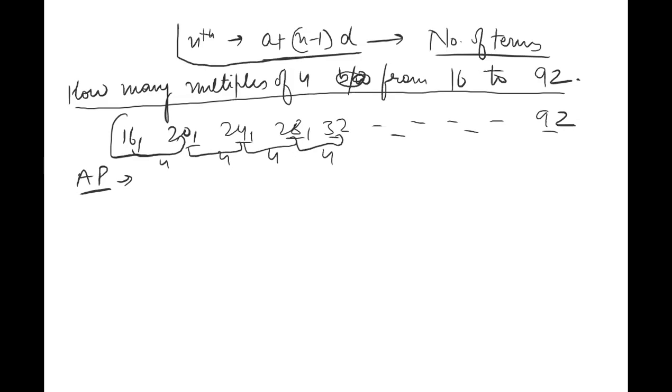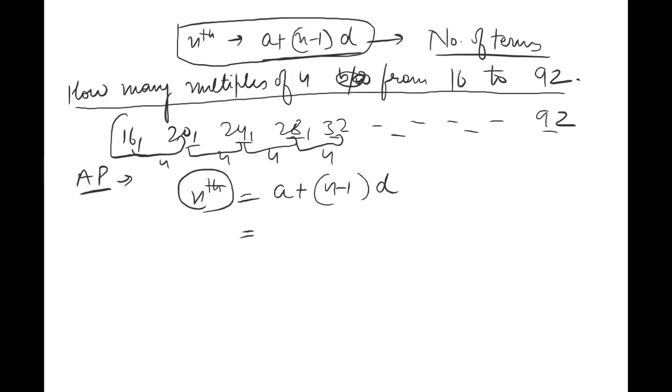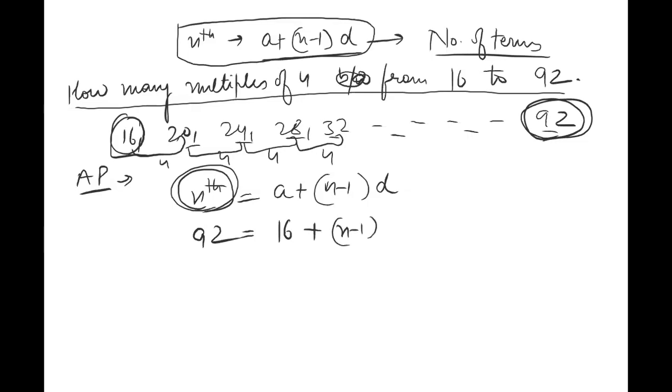So we'll use this formula: nth term is equal to A plus n minus 1 into D. The last term we'll equate as the nth term. 92 is equal to A, the first term, 16, plus n minus 1, where n is the number of terms that we need to calculate, into D, the difference, which is 4.